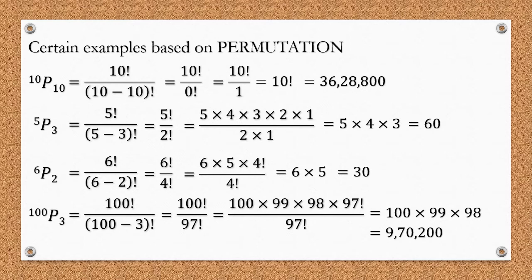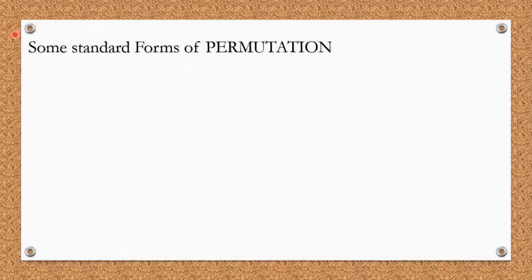Let's move on towards one last point which I need to discuss for this tutorial, and that point is some standard forms of permutation. Whenever we talk about standard forms, it means that if that format is followed, rather than calculating the whole formula, I can directly write the answer. Let's see an example.